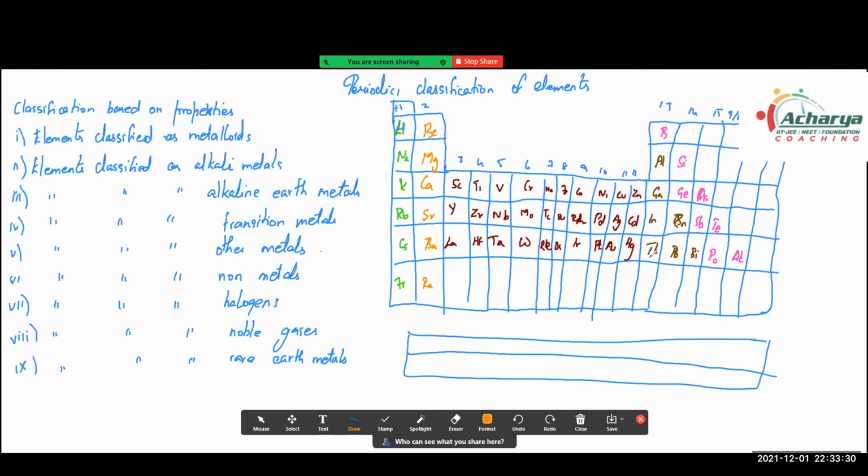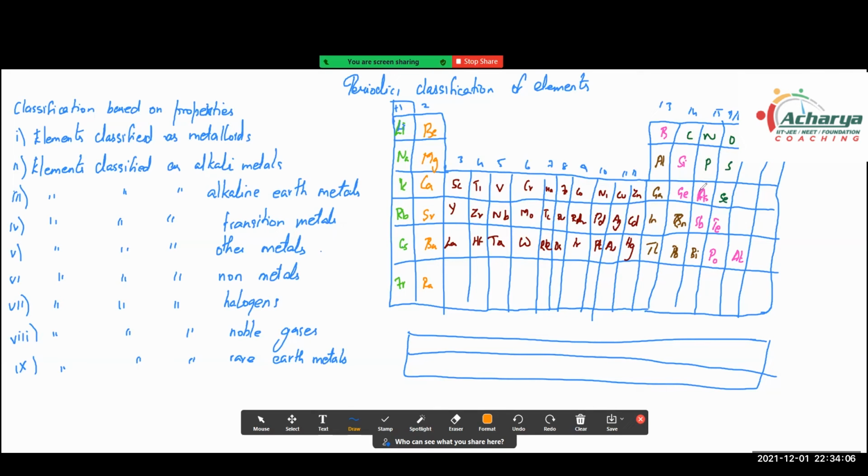And then moving on to the non-metal group, we have the various non-metals that are present in groups 14, 15, and 16. Let's pick out another color. The non-metals are going to be carbon, nitrogen, oxygen, phosphorus, sulfur, and selenium.